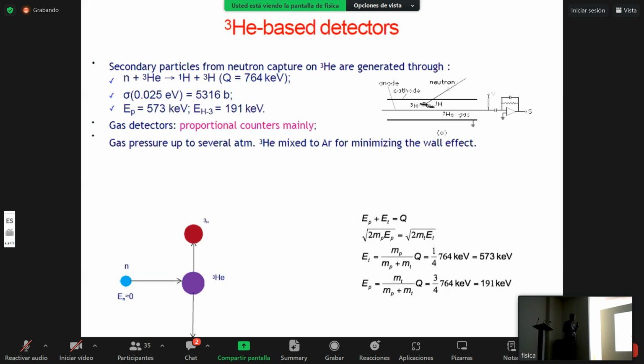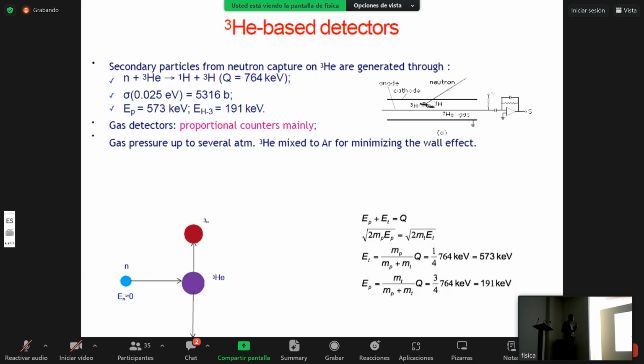detecting neutrons are helium proportional counters. Here's the picture. This detector looks like a typical proportional counter, which I described in detail in my second lecture. It has a cylindrical geometry. Remember, the cathode is the outer surface of the cylinder, and a thin metal wire is located inside this cylinder and serves as the anode.